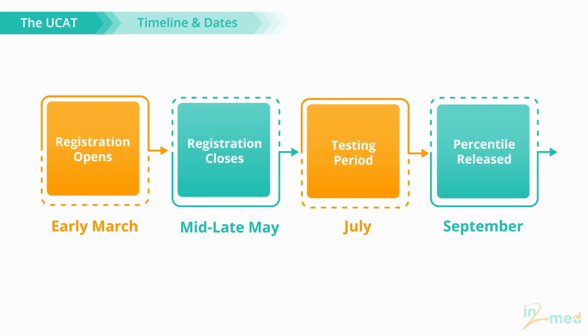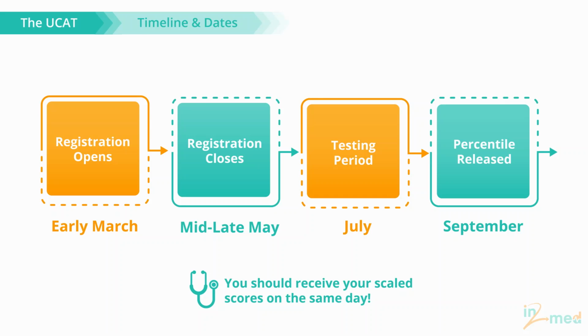Your UCAT score will be sent privately to you soon after you complete the test, often on the same day, so you don't have to wait anxiously for very long. The percentiles, however, will take longer to calculate and are usually released months after the testing period, usually around September.